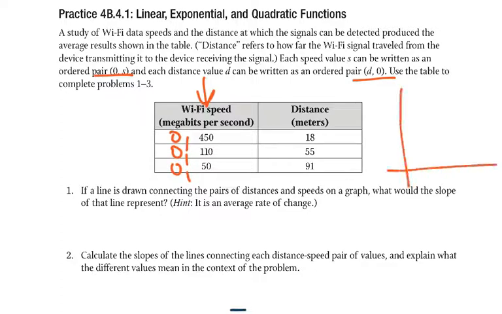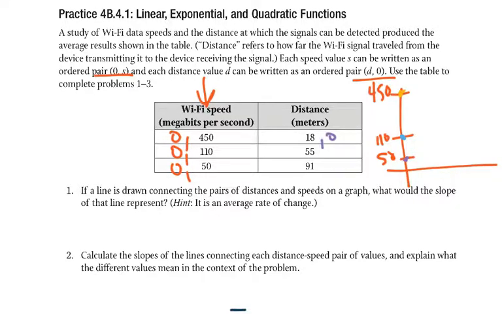So if we're graphing them, this would be up 450, 110, 50, something like that, and those would be the plotted points. Let's make that a different color. Then we have the distance, which would all be like x-intercepts.